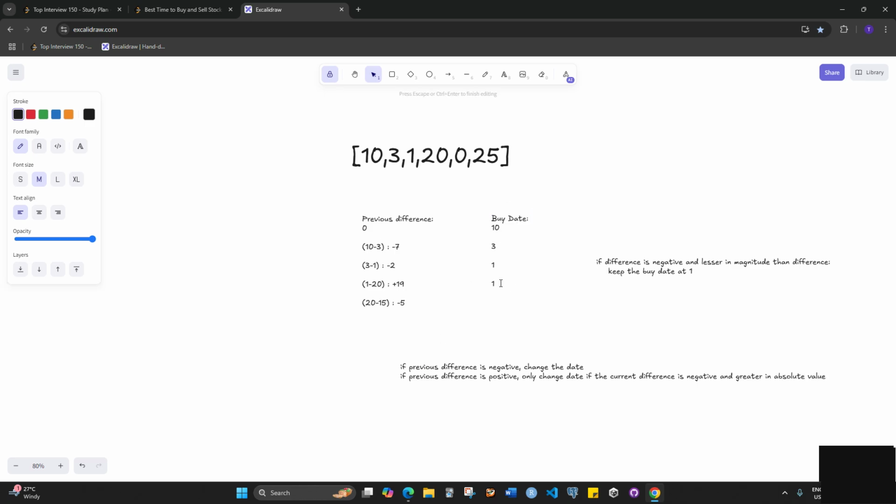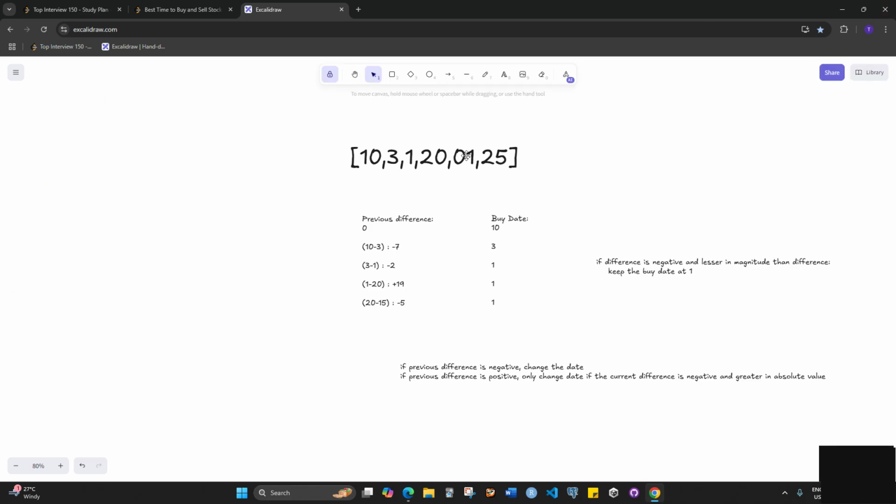So I guess in this case, because it isn't, keep it at 1. Cool. And then the next one is 15 to 25. The difference is plus 10.